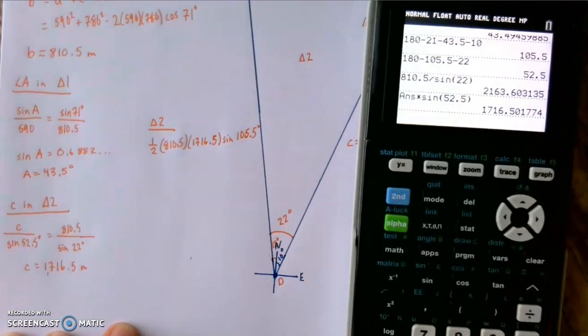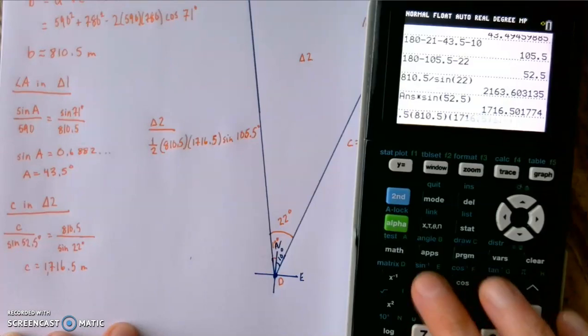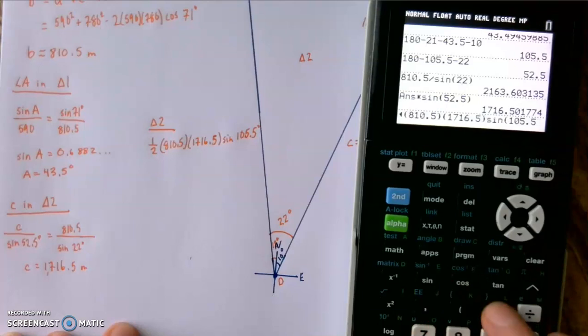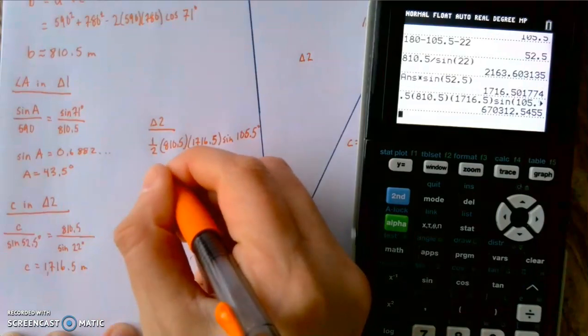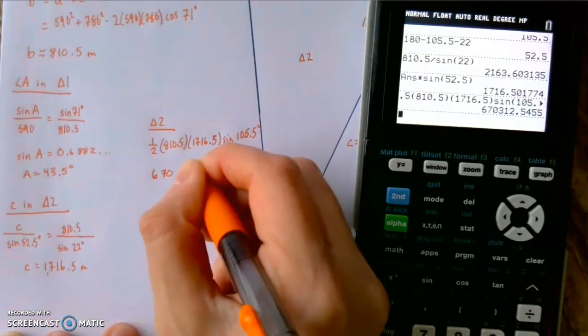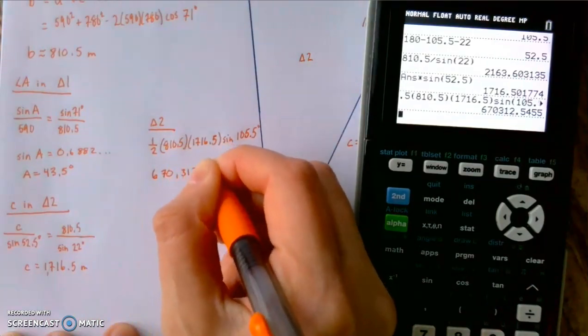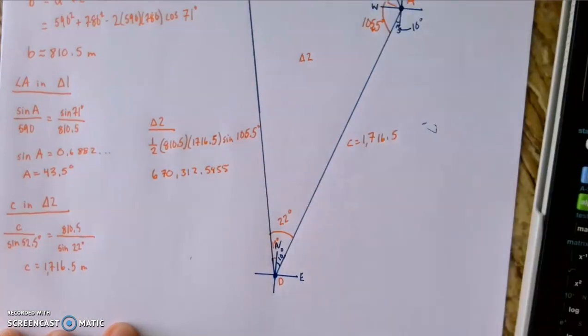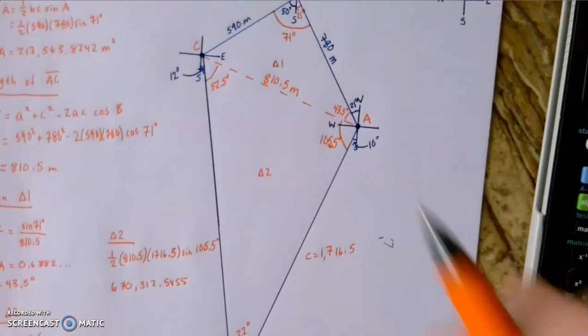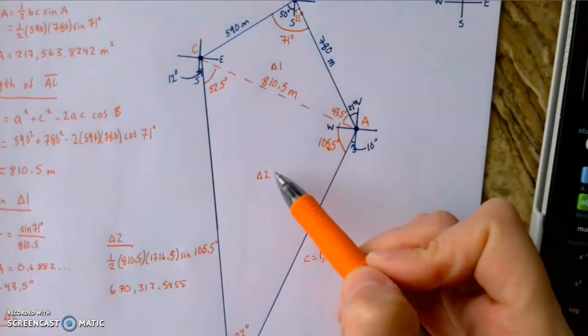Let's plug that in: 0.5 times 810.5 times 1716.5 times sine of 105.5. A lot of 5s there. And we get 670,312.5455.